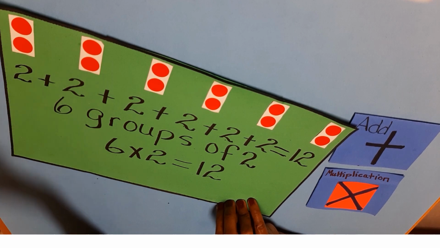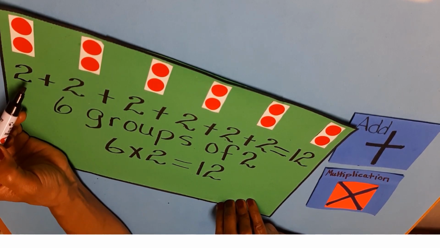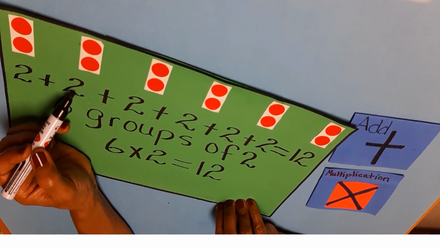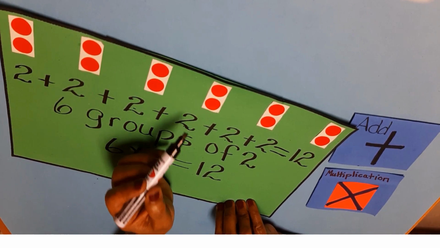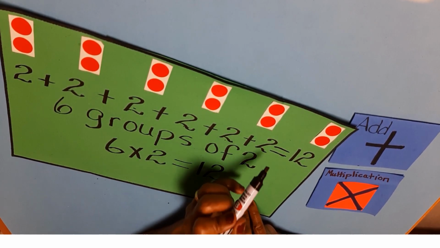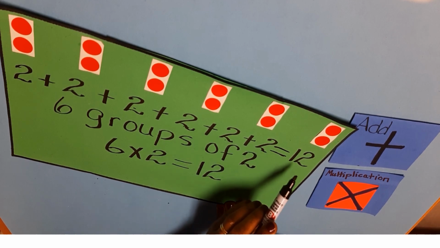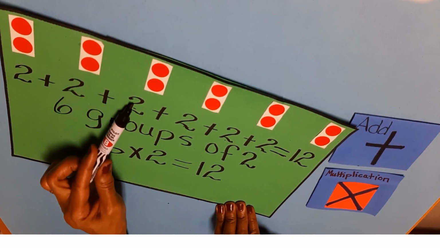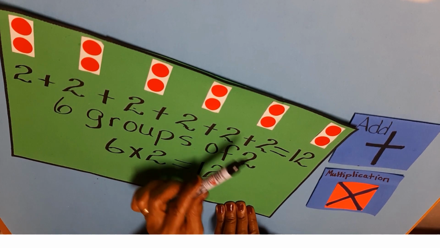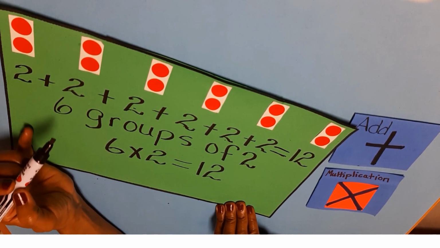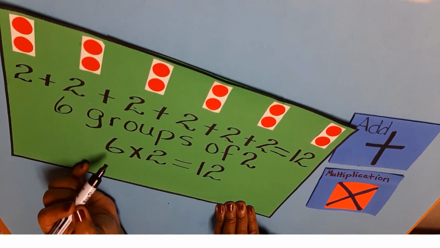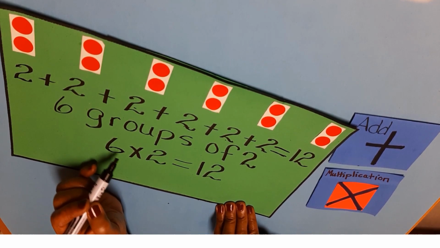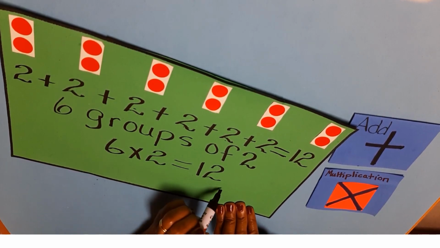So we have 2 in each group. And then we say 2 plus 2 plus 2 plus 2 plus 2 plus 2 will be equals to 12. 2, 4, 6, 8, 10, 12. And we can also say 6 groups of 2's. We can write it another way. 6 times 2 equals 12.